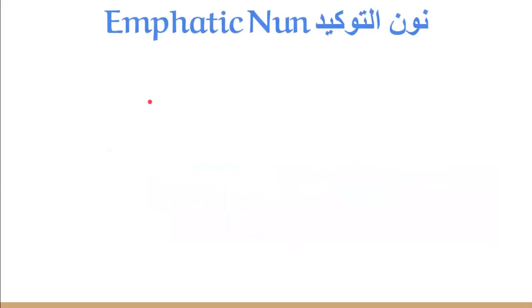Among those concepts, today we're going to discuss one of them called emphatic noon, noon at-tawkid. By the name you can see it's doing emphasis. We use this noon to emphasize something.